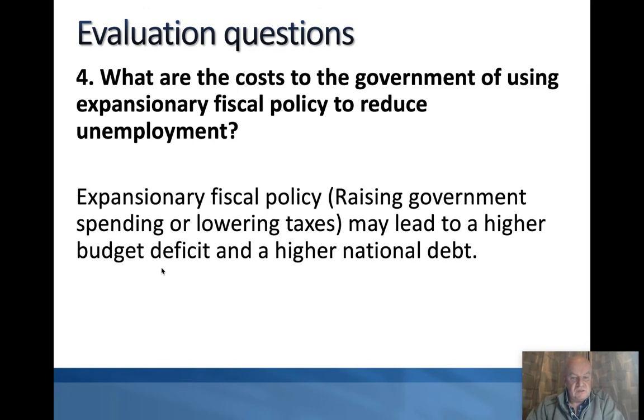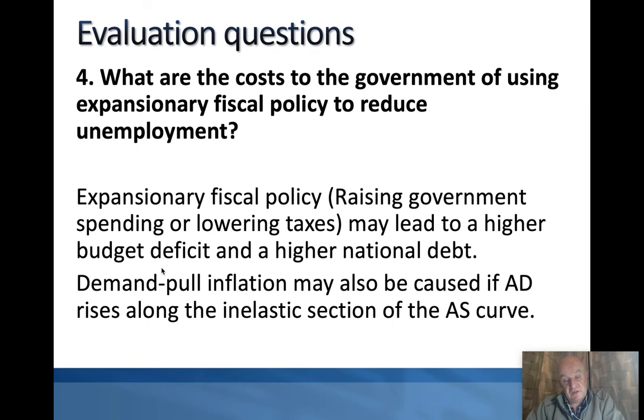So in this instance, with expansionary fiscal policy, the government will be raising its spending and lowering its taxes. That's going to potentially lead to a higher budget deficit and also a higher national debt, which clearly at some stage has to be paid back.